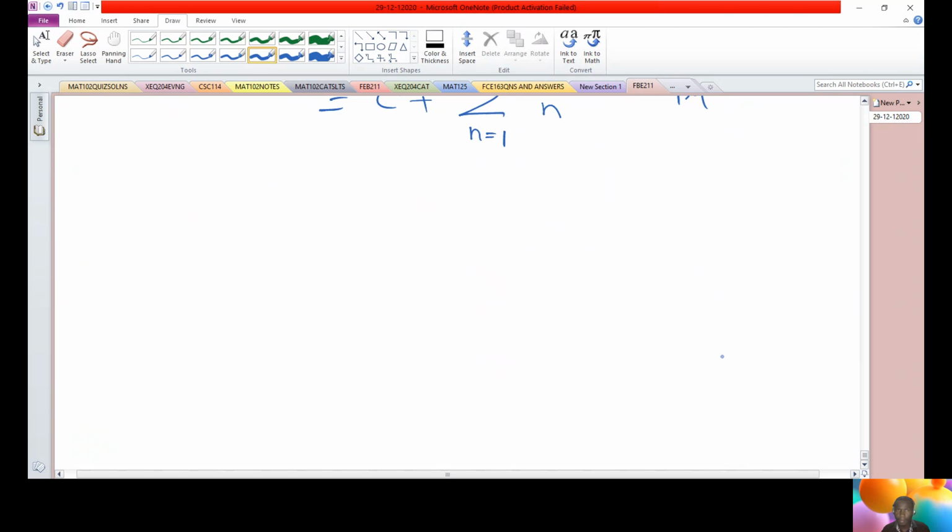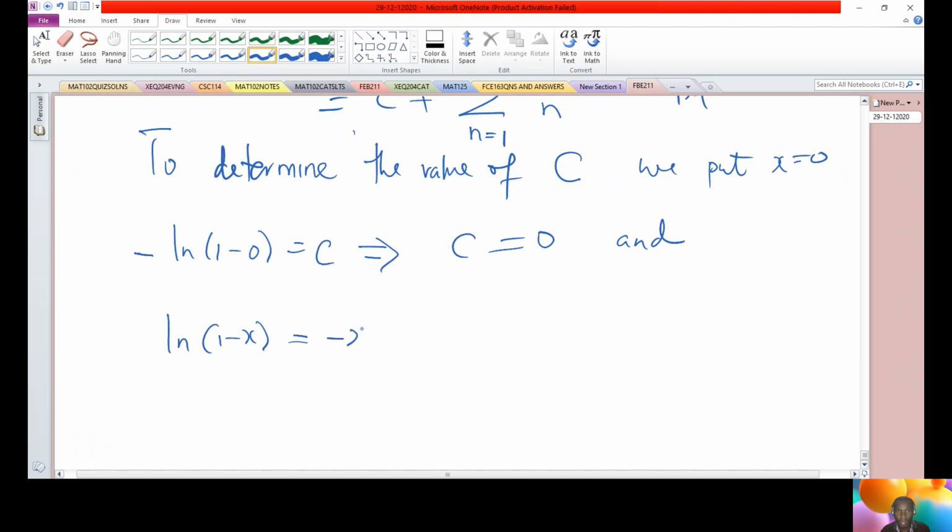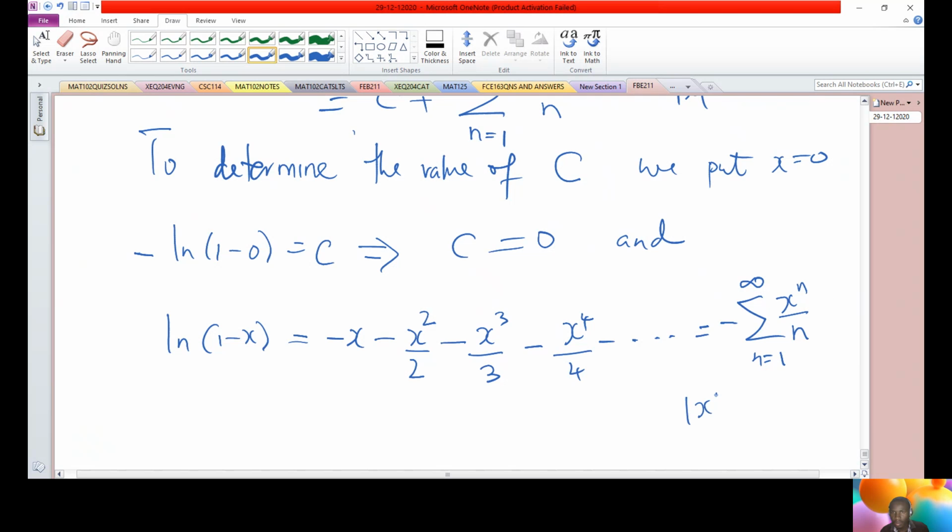So therefore, to determine the value of c, we put x equals 0 and obtain negative ln of 1 minus 0 equals c, which means that c equals 0, and ln of 1 minus x will be given by minus x minus x squared over 2 minus x cubed over 3 minus x power 4 over 4, which is minus the summation n from 1 to infinity of x power n over n for x less than 1.